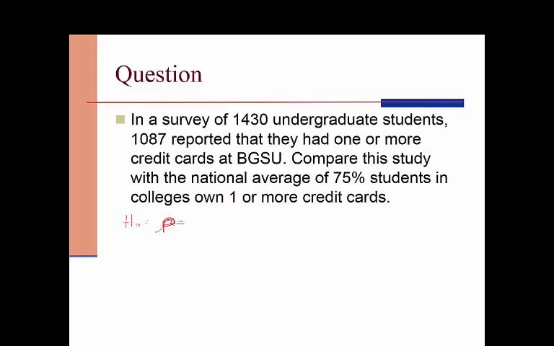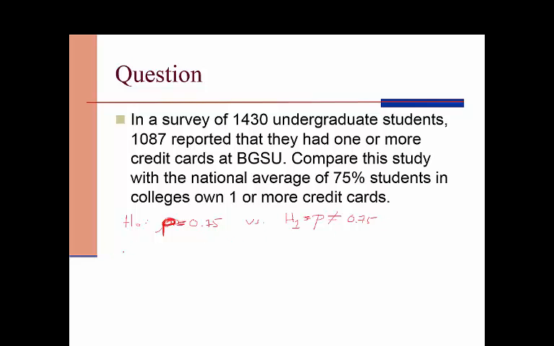It's very easy to write mu right away, but we are talking about proportions, p. Okay, so we're testing if p is equal to 0.75 versus H1, which states p is not equal to 0.75.